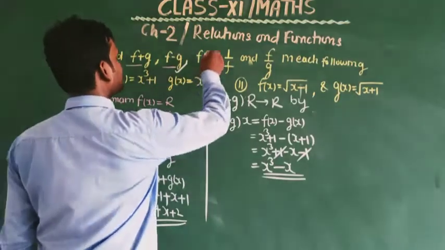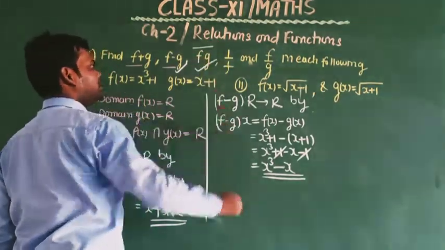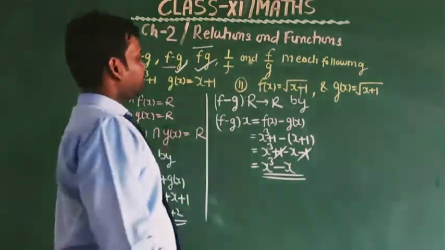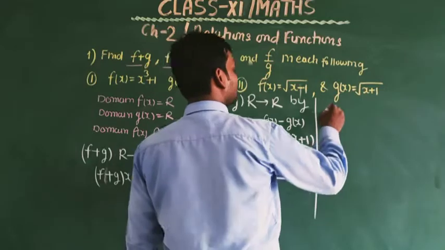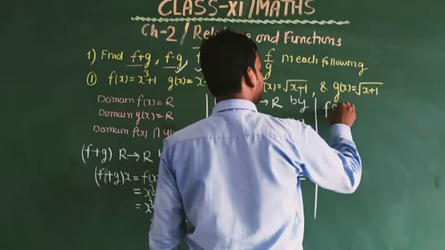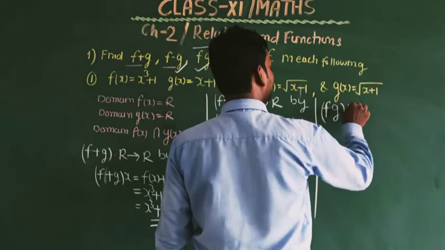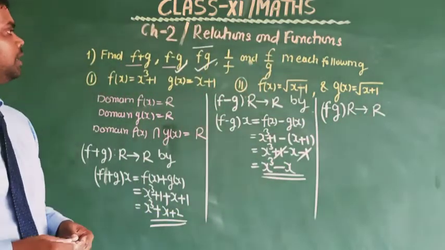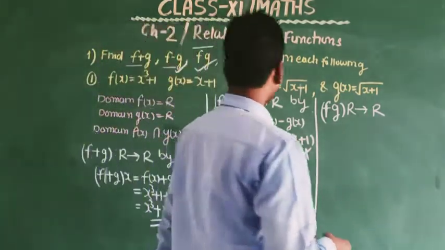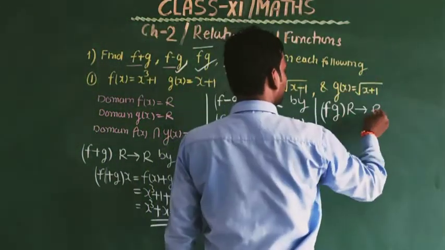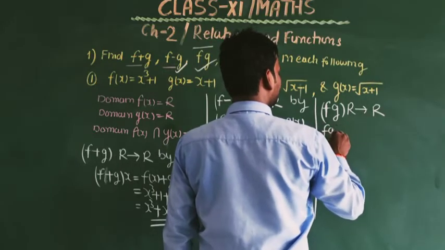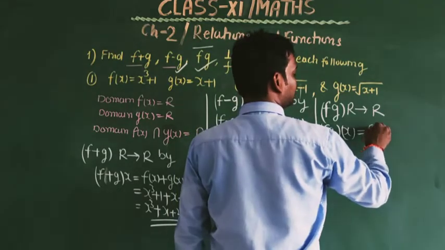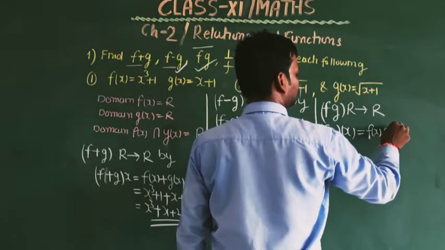Next, to find the product of two functions, that means f into g. The product of two functions f g is defined from real numbers to real numbers by (f g)(x) equals f(x) into g(x).